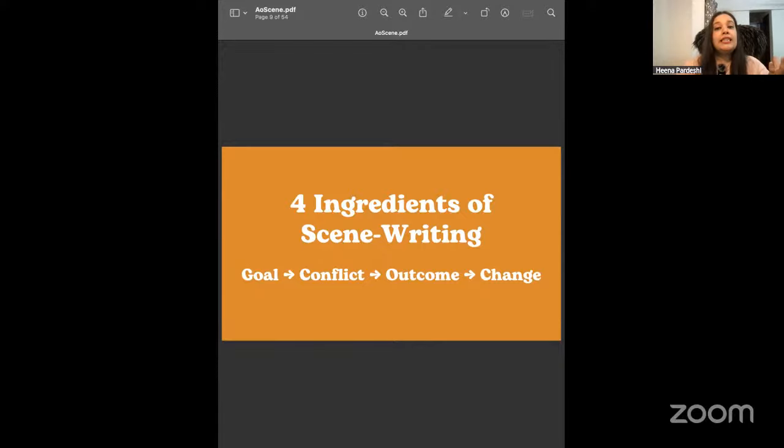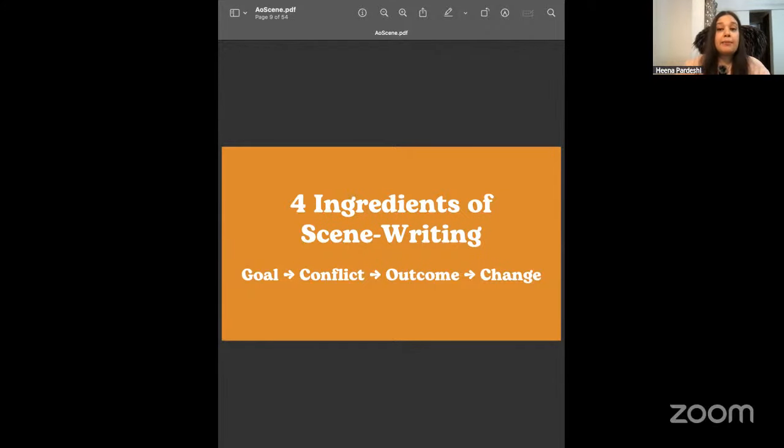The conflict is the hat tempts him towards Slytherin, pushing his values. The outcome of the scene is Harry resists, and so he's chosen for Gryffindor. And the change that occurs is Harry gains identity, direction, belonging. The story trajectory shifts from there. This is a scene of internal conflict. It's subtle, but it's obviously transformative.